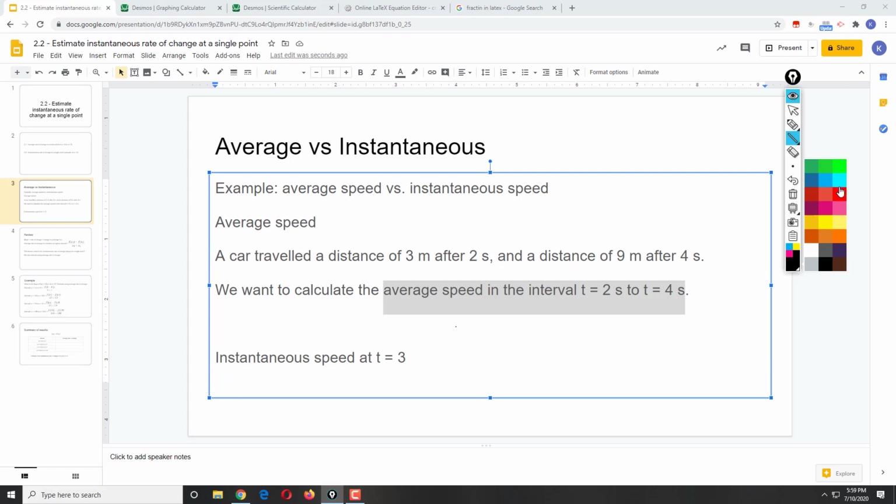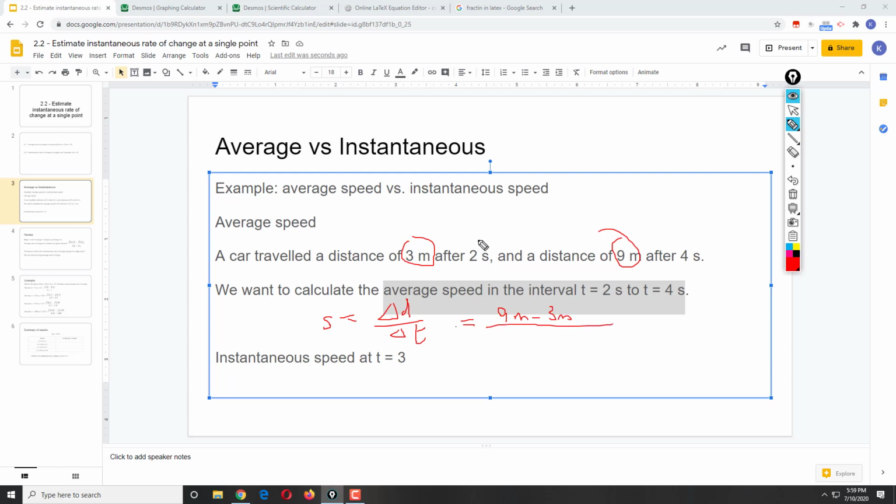The speed is going to be the change in distance over change in time. The change in distance, well, we're going from 3 to 9, so 9 meters minus 3 meters. The time, we're going from 2 seconds to 4 seconds, so 4 seconds minus 2 seconds. That's 6 meters over 2 seconds. That's 3 meters per second. So the average speed is 3 meters per second.